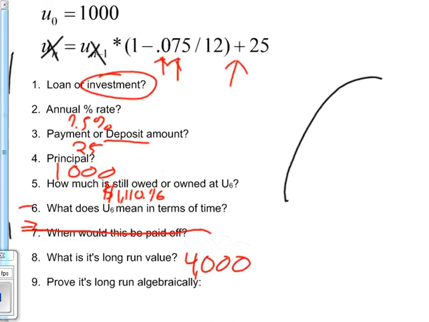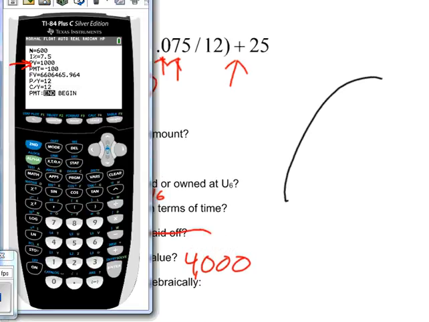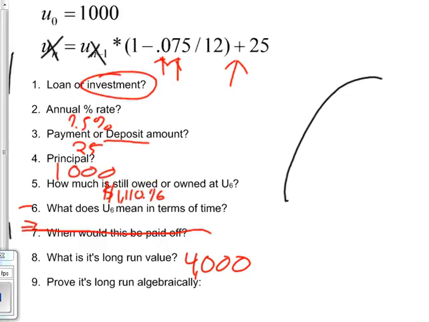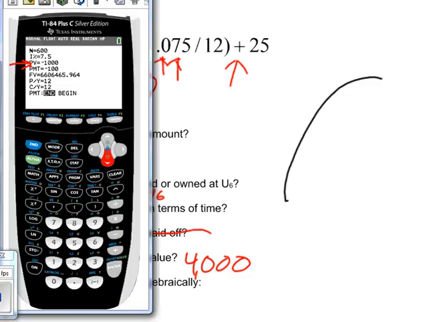So this one here, we would actually want to have this be negative 1,000, and the reason why is because we're paying out of our pocket into this account $1,000. Then our payment, you'd also want that to be negative, because once again, each month, you would be paying this $25 there. So once again, that's money that's coming out of your pocket.